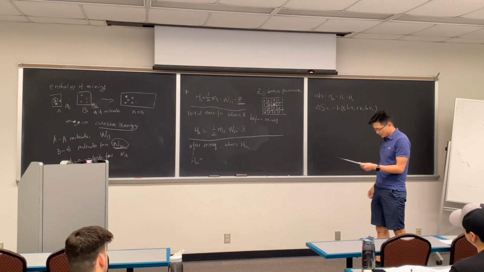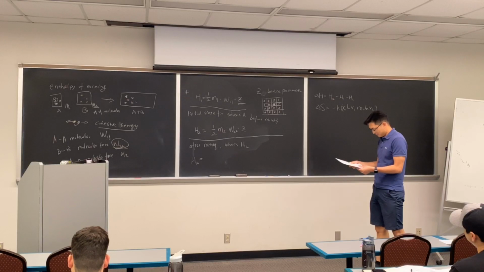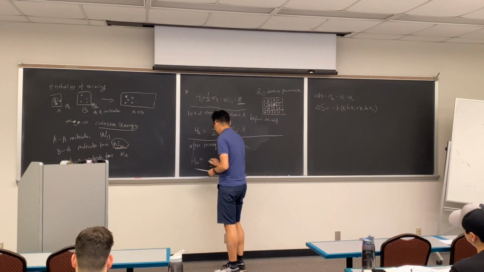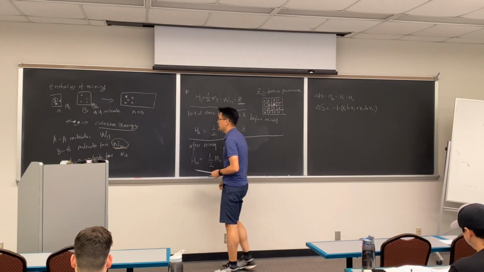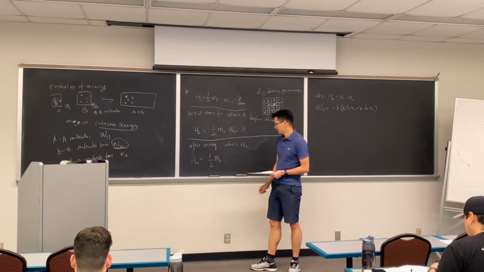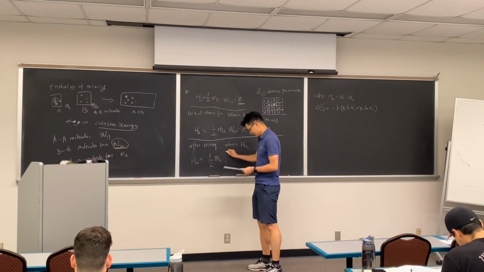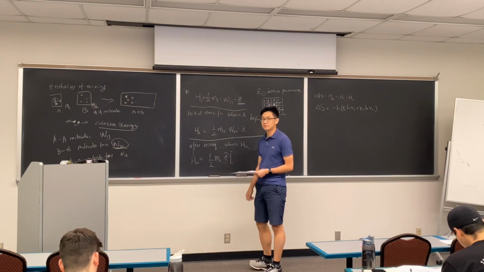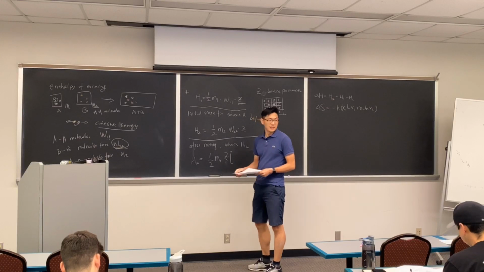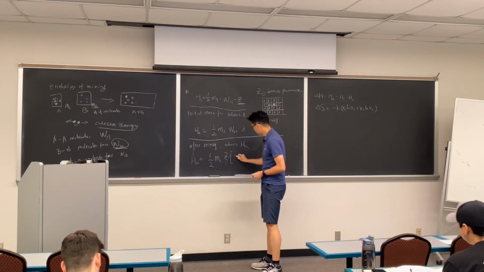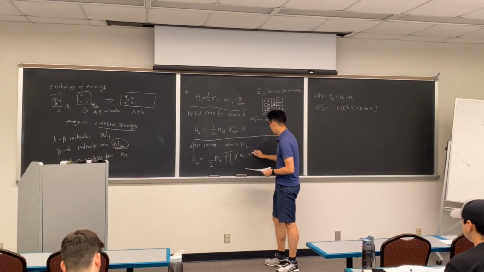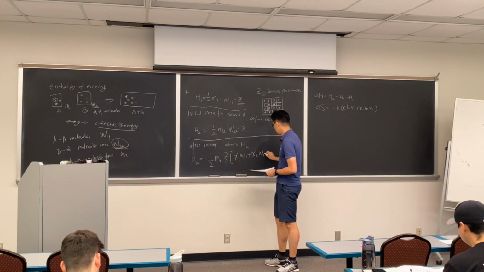We need to consider, again, half. Let's first consider M1. We're still going to keep the number of lattice parameter because it doesn't matter which part you touch. X2, W12.